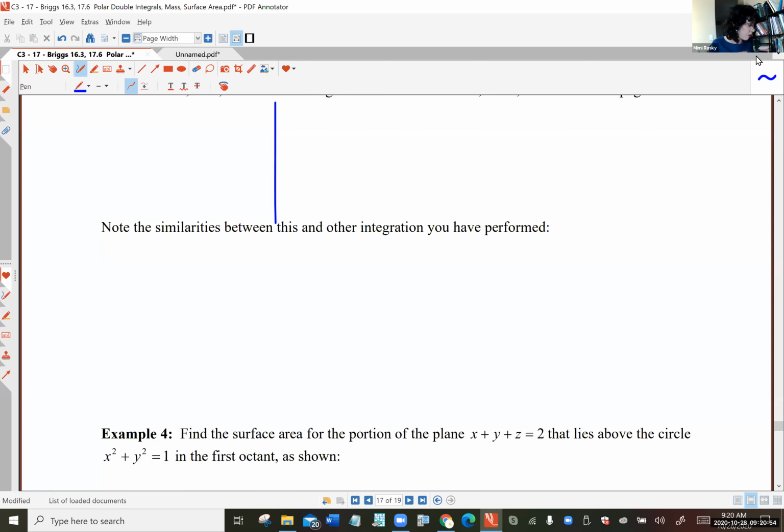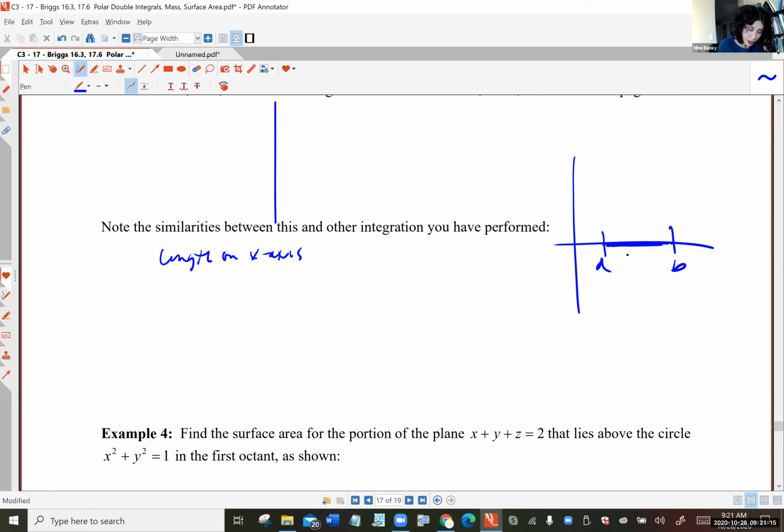So I want you to notice that when you did other mathematics in the last 3 semesters, that would be Calc 1, Calc 2, Calc 3, you know that the length on the x-axis, and this is kind of overkill, but let's say here's the x-axis and you wanted to find the length between A and B. Well, obviously the length is B minus A. Anybody could see that.